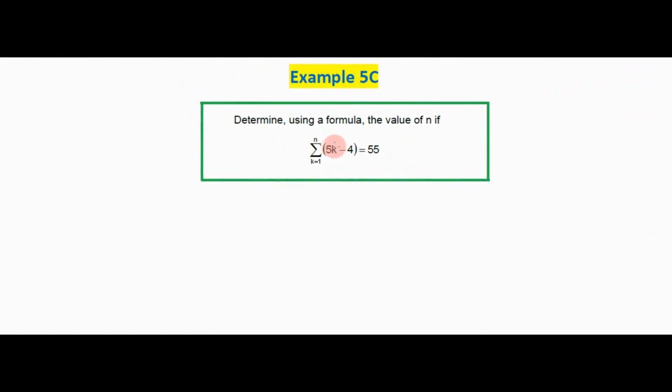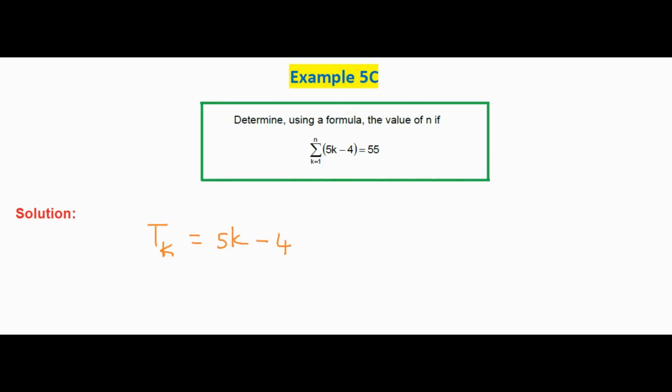In this example, we are given the value of the sigma notation, and we have to find the value of n, the number of terms. So once again, we start by writing down the values of the first three terms. Since we know that t sub k, the general term, equals 5k minus 4.